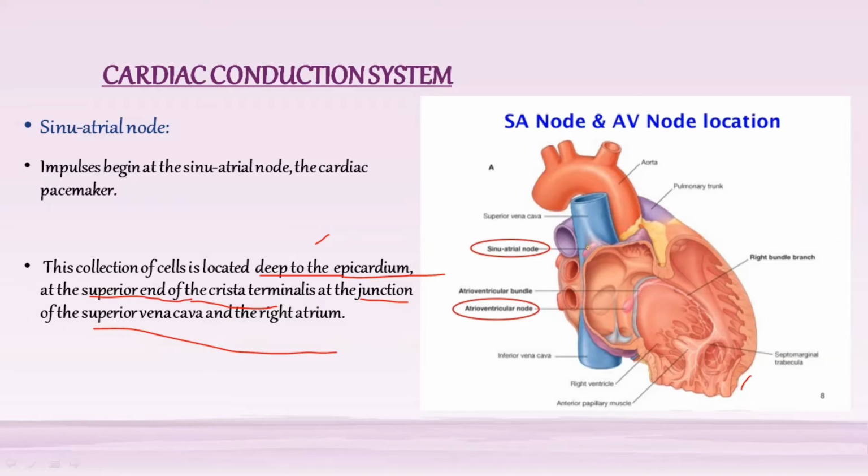Or we can say it is present at the point where the superior vena cava opens into the right atrium. So this all is about the location of the SA node. It is located deep to the epicardium at the upper end of crista terminalis, and it is located at the junction of superior vena cava and the right atrium.